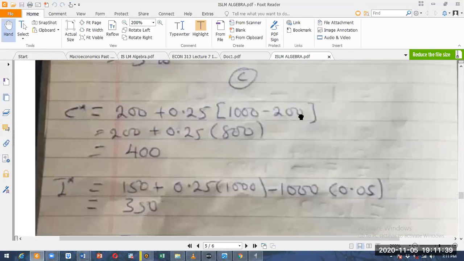How are we supposed to find savings? We have income, we have consumption. How do we find savings? Income minus consumption.